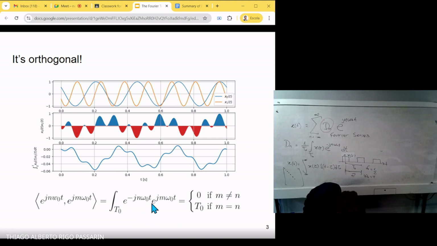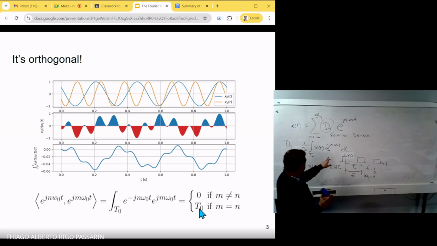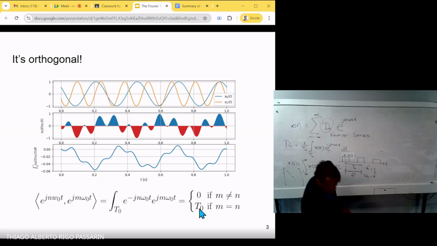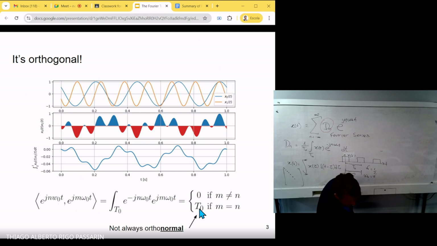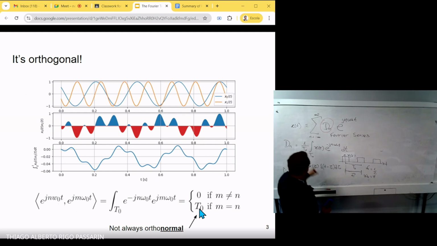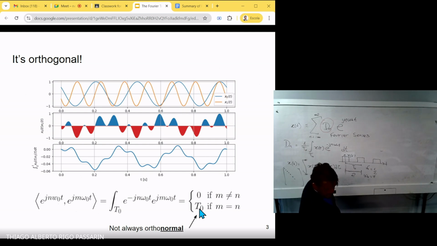The inner product will give us 0 if m and n are different, between two vectors of my basis, right? Between two of these guys. Otherwise, it will be T0, not always orthonormal. So this is why the T0 is present here.